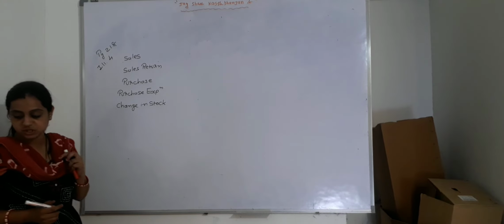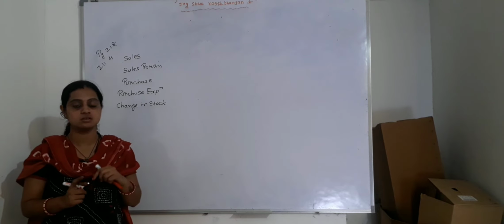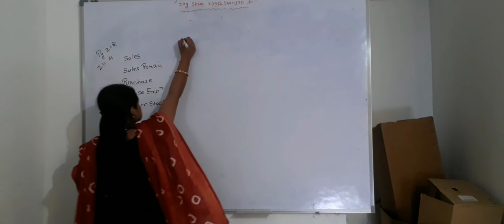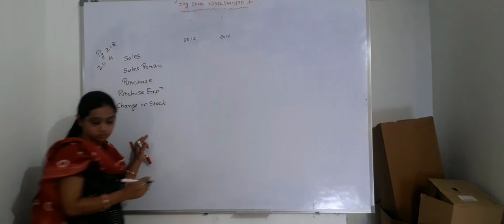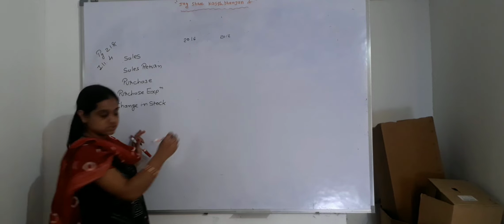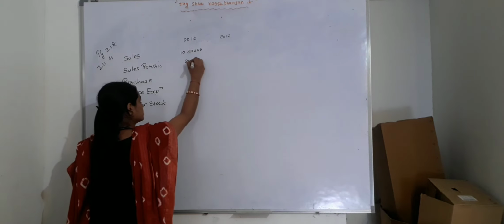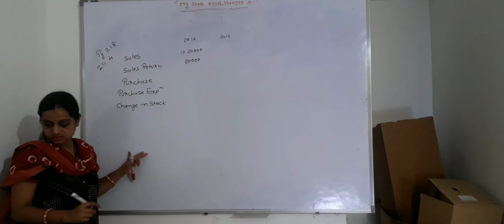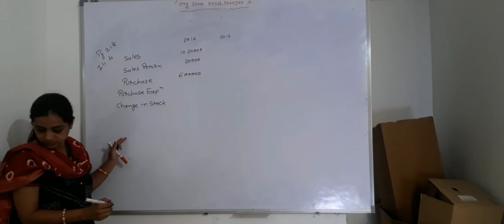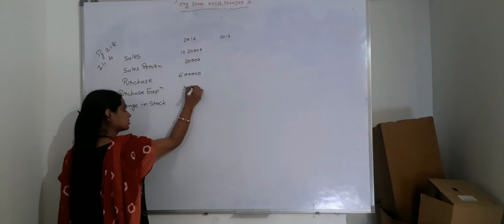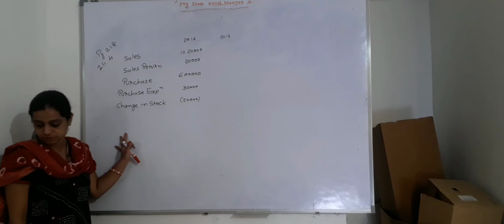They have given information for 2 years, that is 2016 and 2017. For 2016, sales 10,20,000, sales return 20,000, purchase 6,30,000 and 20,000. Change in stock is in negative.